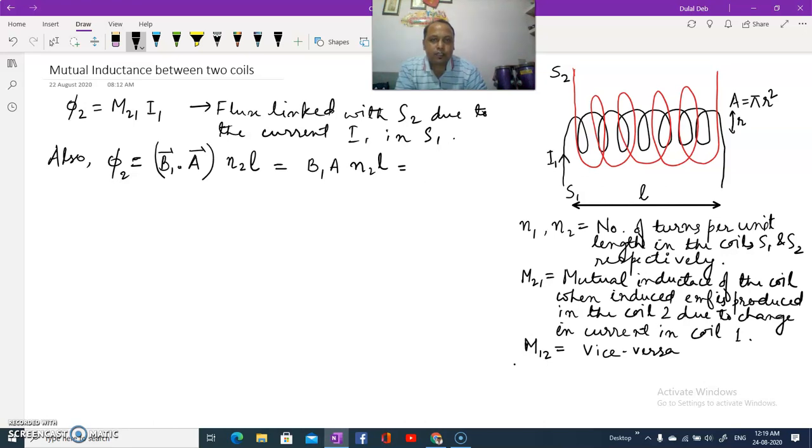Now the value of B1 for a solenoid, when current I1 is flowing through it, is mu naught N1 I1.